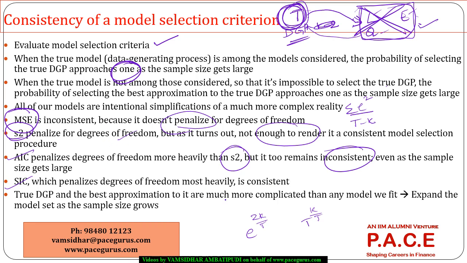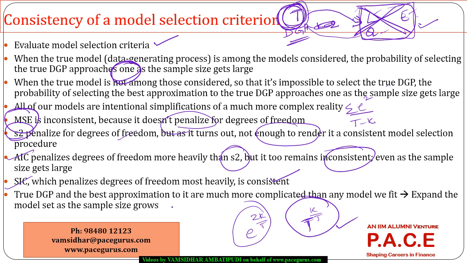As the sample size is getting larger and larger, we don't see the penalty being quite heavily applied. Whereas the penalty is much more heavily applied in case of SIC, because we are talking about T raised to the power of k by T. So the penalty is much heavier in case of SIC. So what we see is SIC is much more consistent compared to AIC.